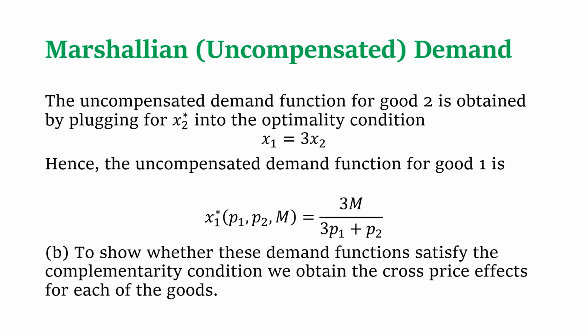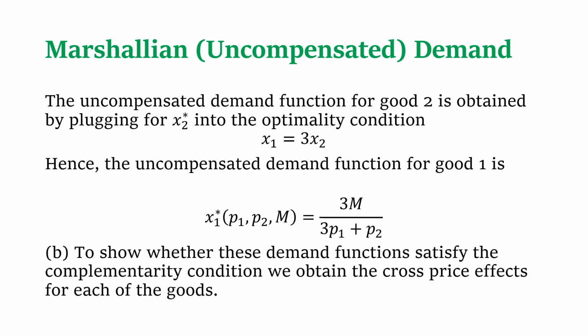So you don't need to differentiate anything there. Once we have that optimality condition, we plug that into the budget constraint. We don't have to plug that into the budget constraint, because we already know what x2 is. So we know x2. What is the value of x2? Because we know the value of x2, we just substitute, multiply 3 by x2.